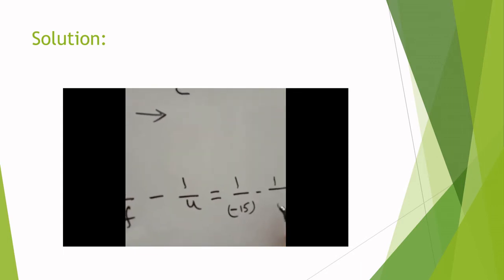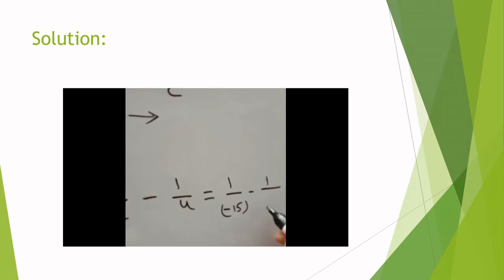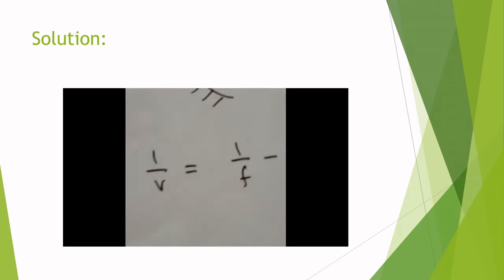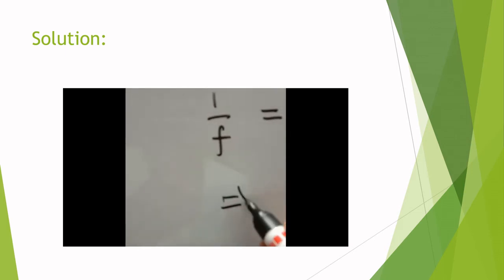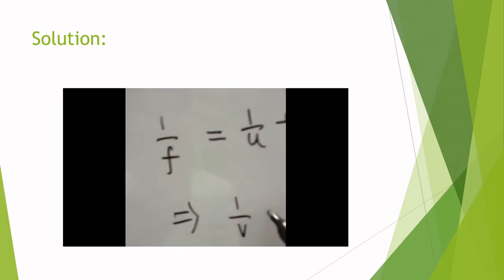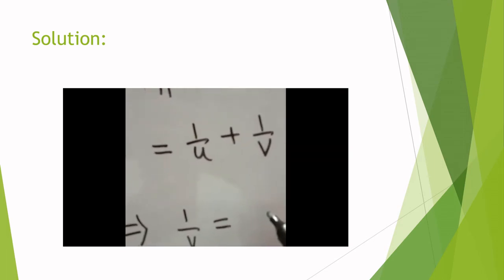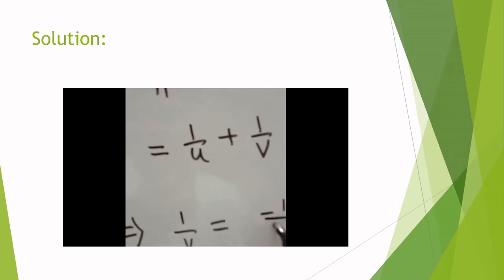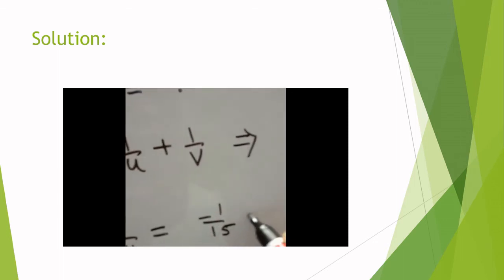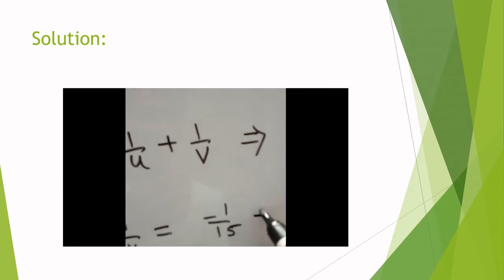So 1 by v is equal to minus 1 by 15, minus into minus plus, so plus 1 by 25.